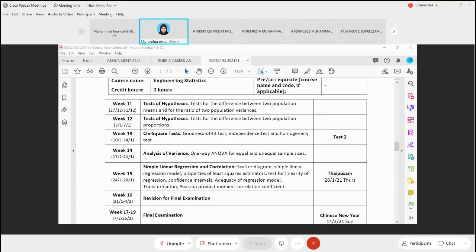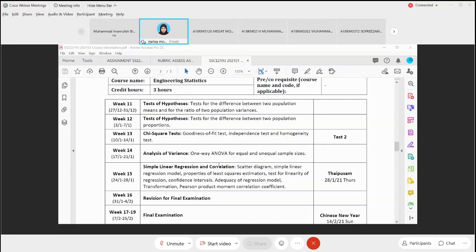What is the difference between one way ANOVA and chapter 4, test of hypothesis? Where is the connection between chapter 4 and chapter 6? There is a connection. When you talk about testing a difference between only two means, only two population averages, that is in chapter 4.